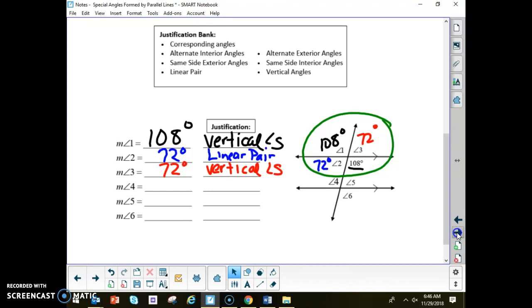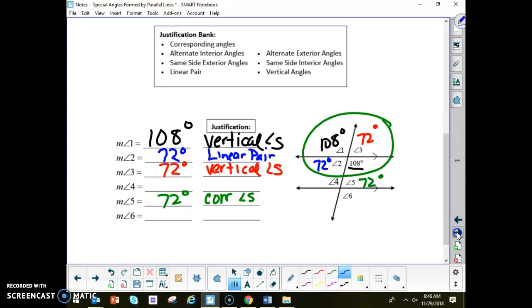So angle 3 and angle 5, they're above the parallel lines, and they're on the same side of the transversal. These two are corresponding angles because they're in the corresponding places. So angle 5 is 72 degrees, and these are corresponding angles.